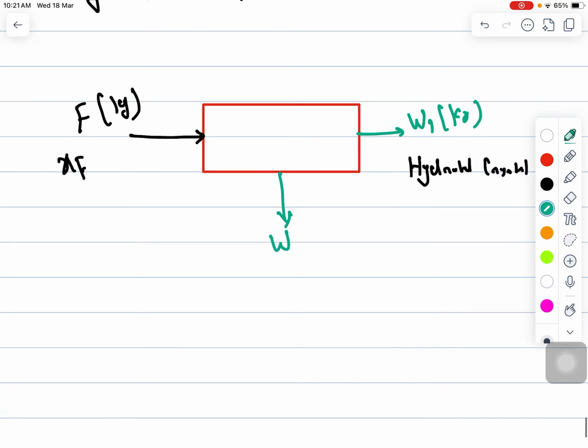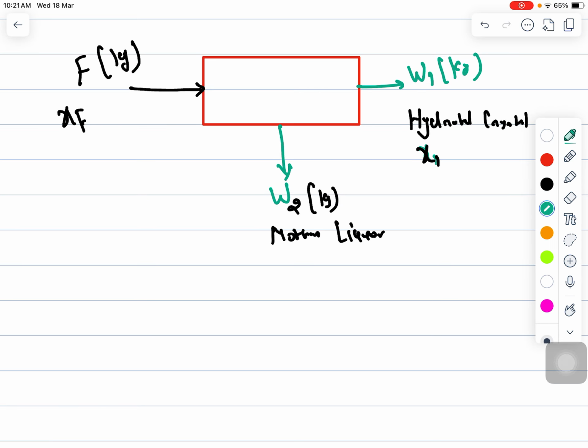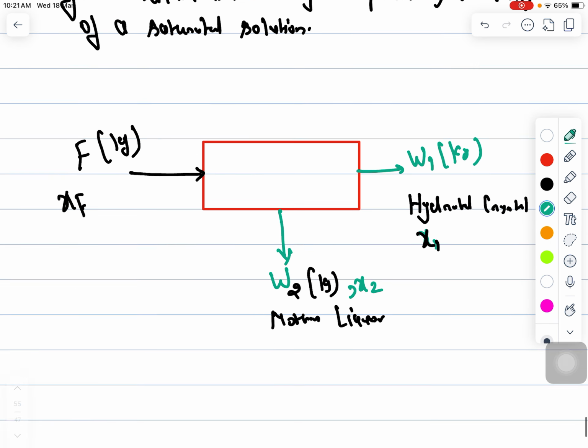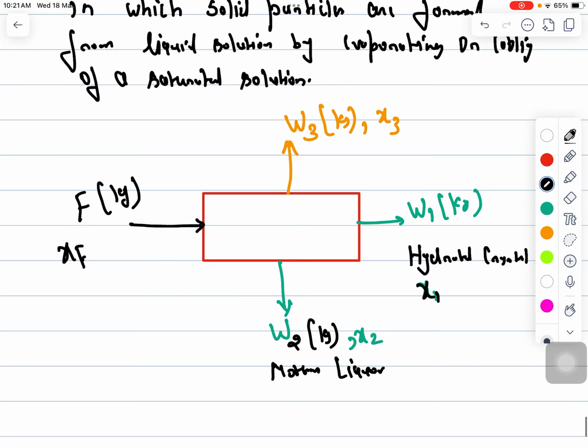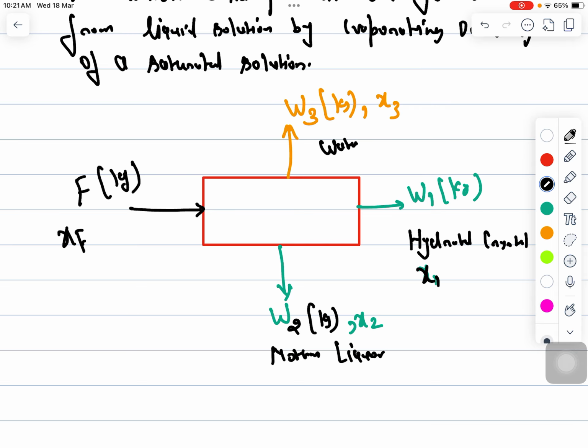If I assume x1 is the mole fraction of the solute here, W2 will also be in kg, and that is called the mother liquor, right? And if I assume the weight fraction of the solute here is x2, then because you are evaporating the water, here W3, which is in kg, has weight fraction x3, and this is your water.